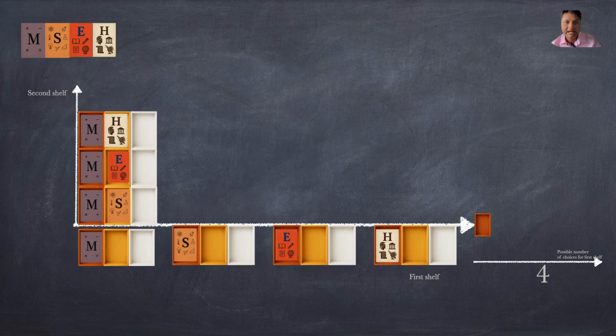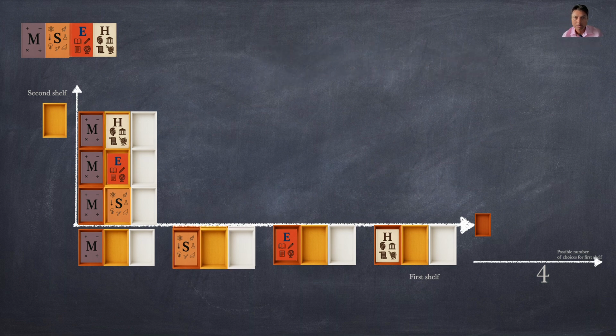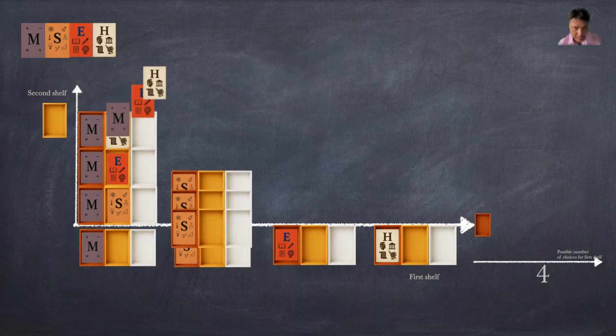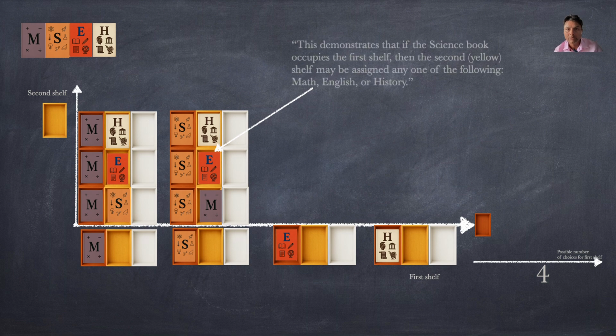This means that if there is a math book in the first shelf, then we can choose either the science book, English book, or history book for the second shelf. Similarly, if science book occupies the first shelf, then the second yellow shelf may be assigned any one of the following: math book, English book, or history book.